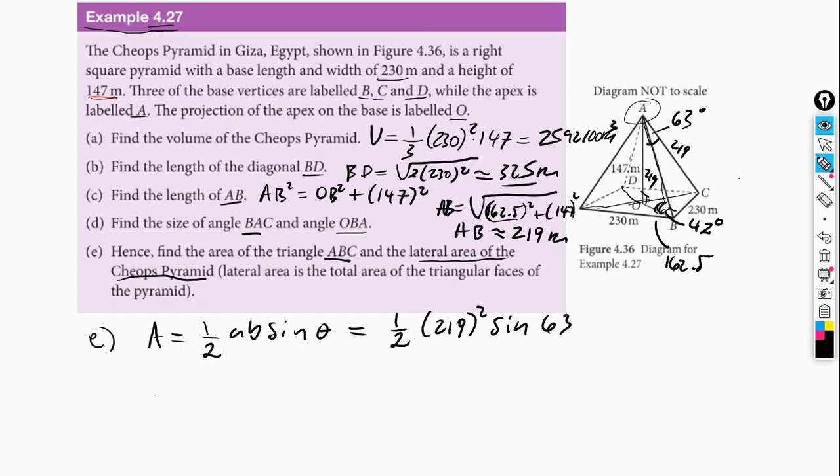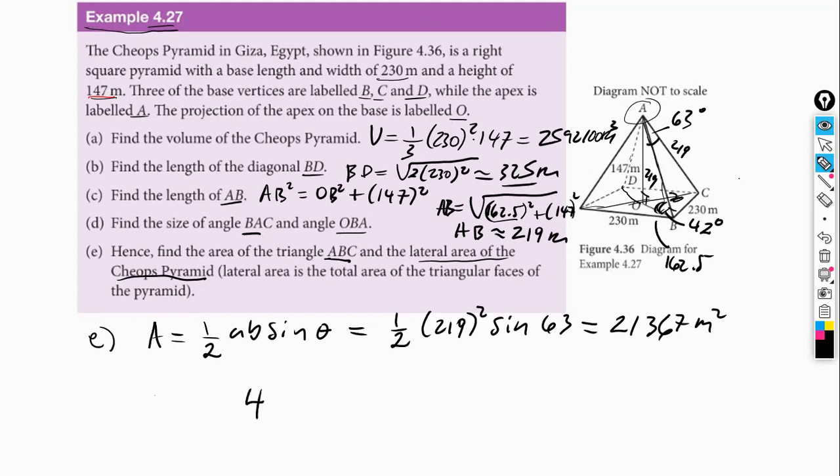And this is going to give us approximately 21,367 meters squared.